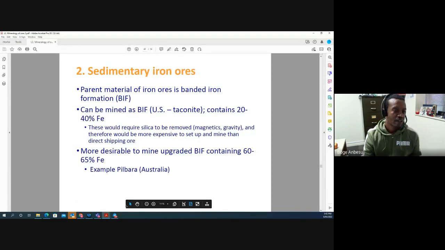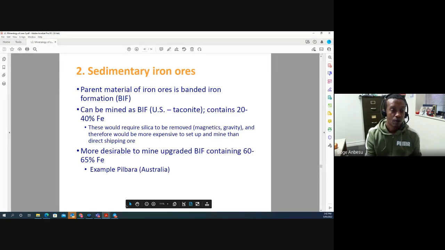What we find in Australia in a place called Pilbara is a very high iron oxide deposit, typically about 65% iron. And we don't do any processing at all. It's very high grade already, with no significant amount of silica in it. So people just dig it up, crush it, do some size management and screening work, and typically ship it straight to China and so on for making steel.